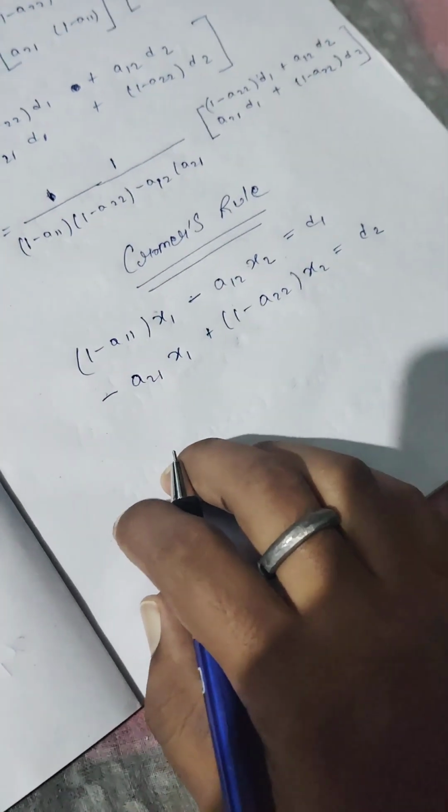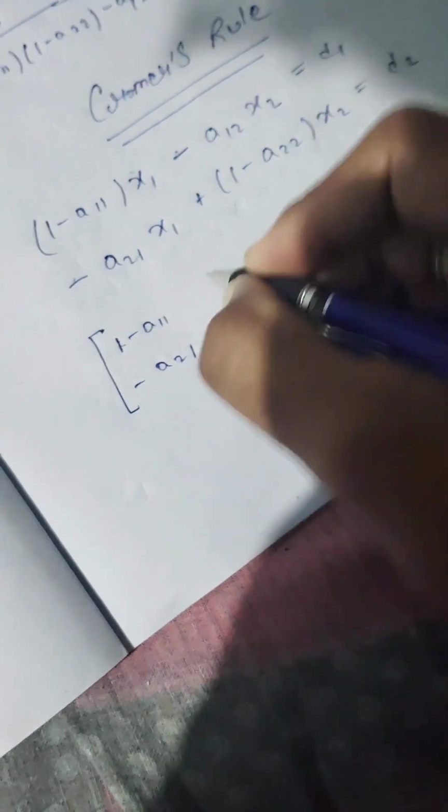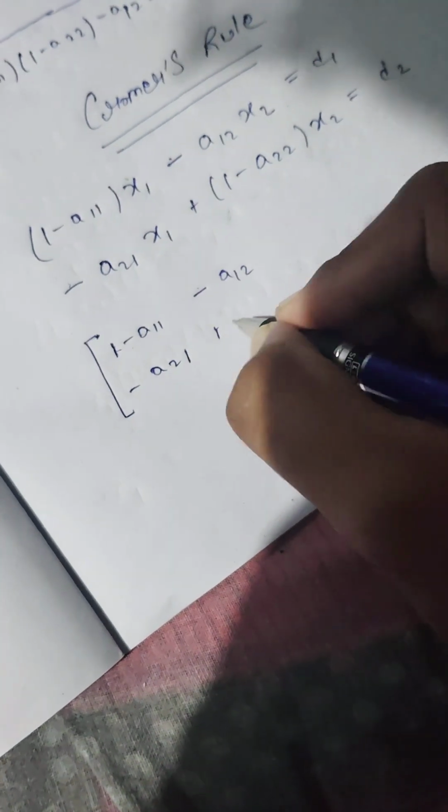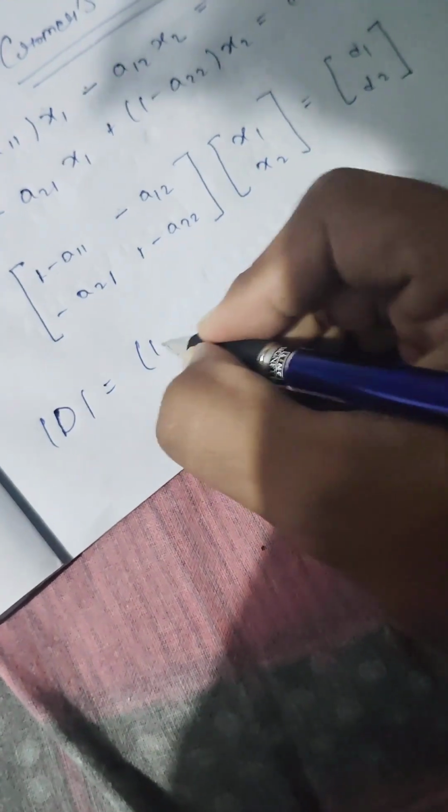In Cramer's rule we will write this in matrix form: [1 minus a11, minus a12; minus a21, 1 minus a22] multiplied by [x1, x2] equal to [d1, d2]. First we will take out the determinant D, which will be the same: (1 minus a11) into (1 minus a22) minus a12 into a21. This is the determinant.